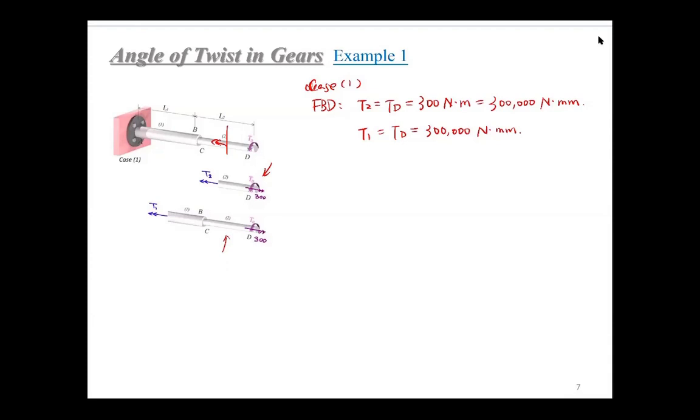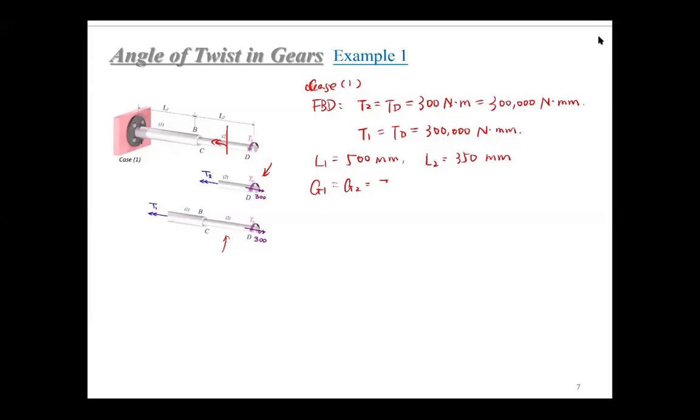Okay, then we can calculate these things. You just need to know this L1, L2, G1, G2, J1, J2, etc. So here we just determine these parameters. Like L1 is 500 millimeter, L2 is 350 millimeter, and G1 equals G2, since they are the same material.